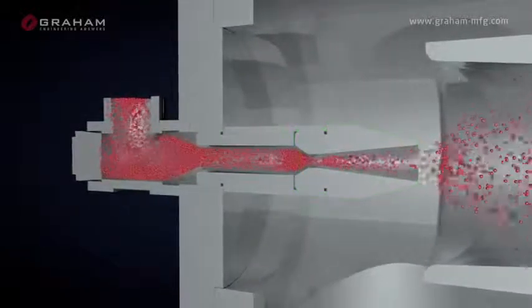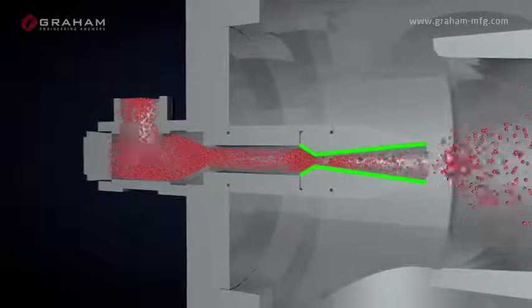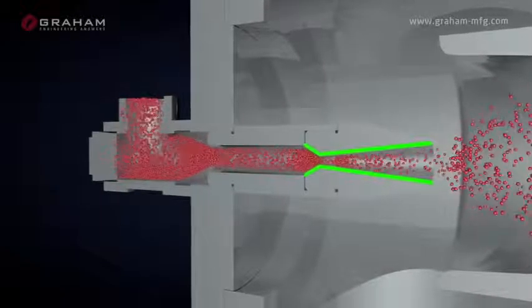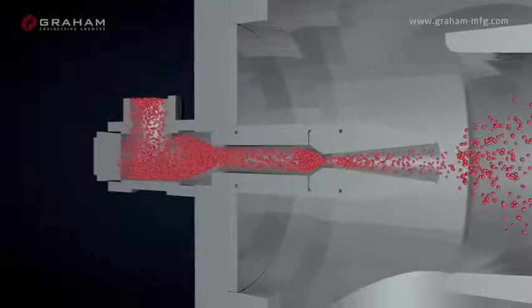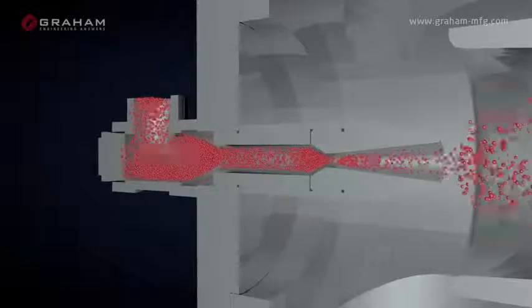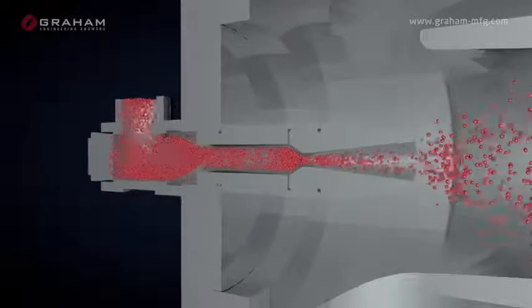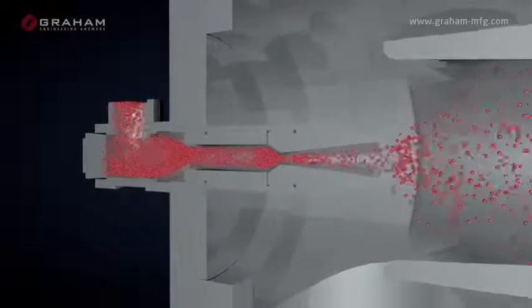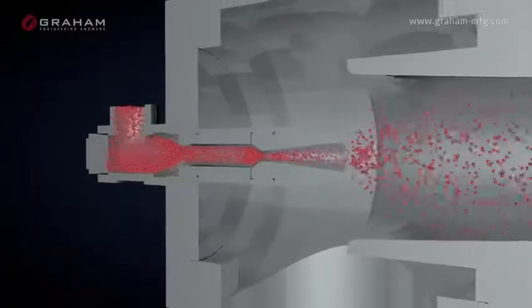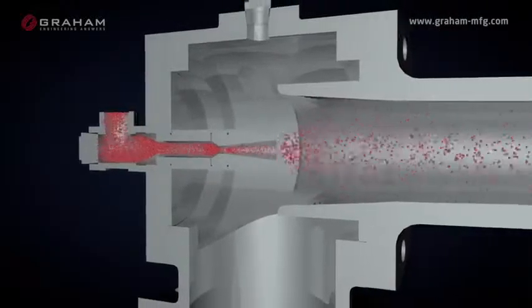Once the motive steam enters the motive chest, it expands adiabatically across the converging diverging motive nozzle, converting pressure to velocity. The pressure differential across the motive nozzle accelerates the motive fluid as it rushes to the lower pressure region of the suction chamber. A well-designed converging diverging nozzle efficiently converts high-pressure motive to a high-velocity stream, leaving the divergent section of the nozzle.